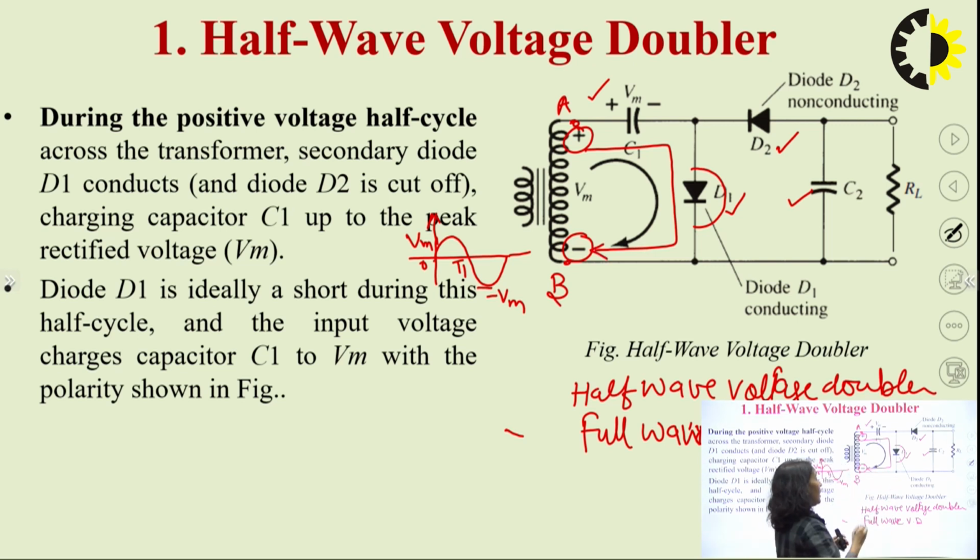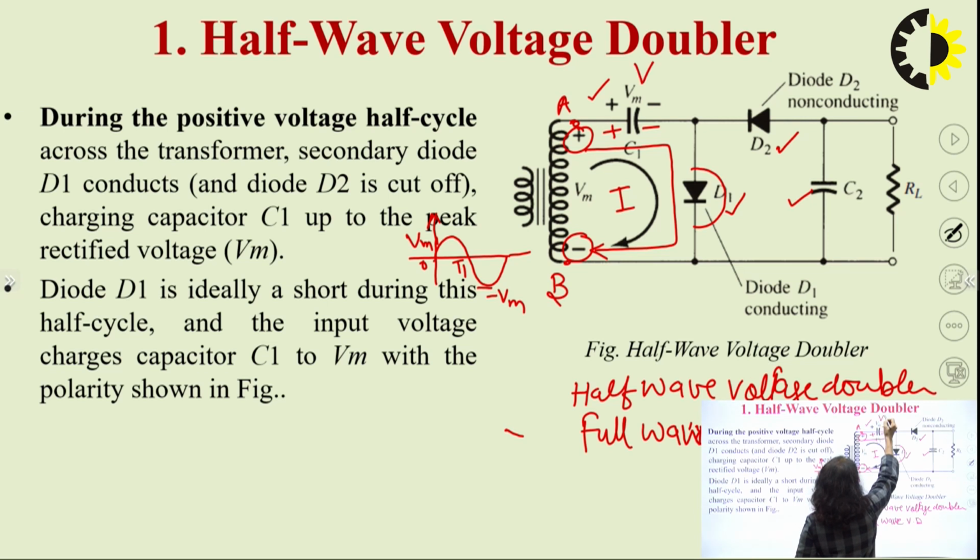Because the current is flowing in the clockwise direction, the polarity across this plate will be plus and minus, because we know that current flows from higher potential to lower potential, and that is the reason the voltage appearing across this plate will be plus and minus.